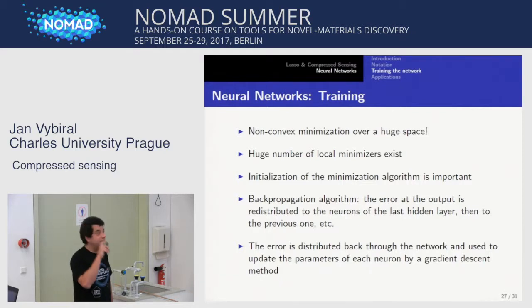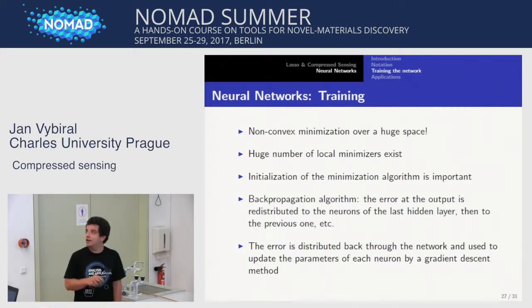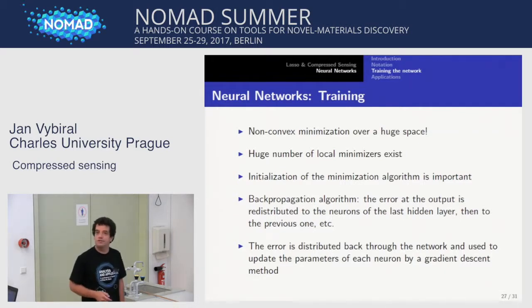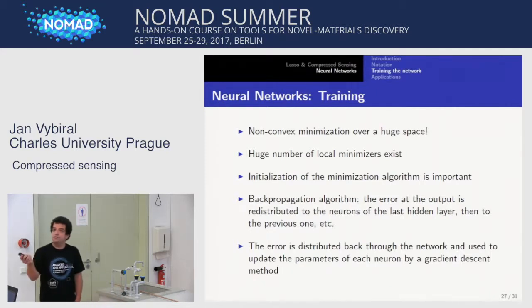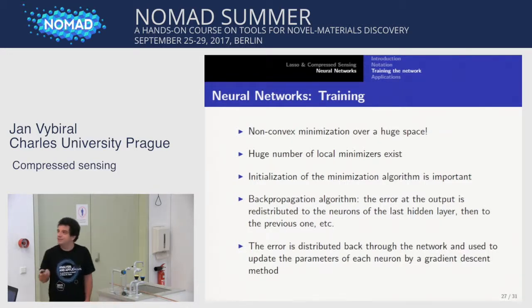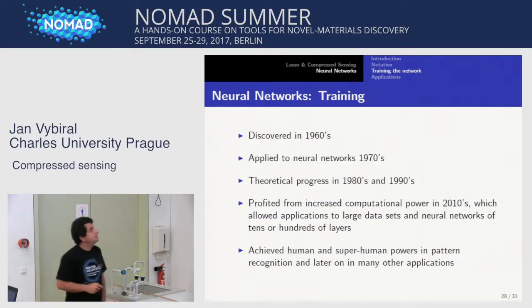For a mathematician, this is nearly crazy. How to prove something about a procedure which can run into any local minimizer? How to prove that it actually works if the output is not really prescribed and depends on the initialization? If two of you repeat the same, you might easily end up with a somewhat different result, and that's pretty deadly for proving things.